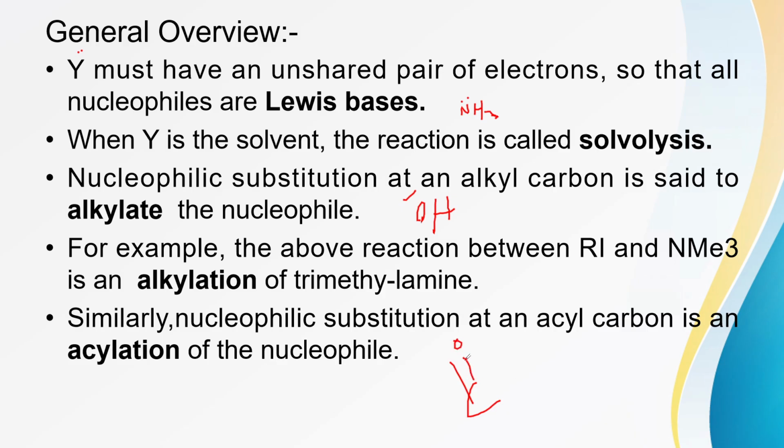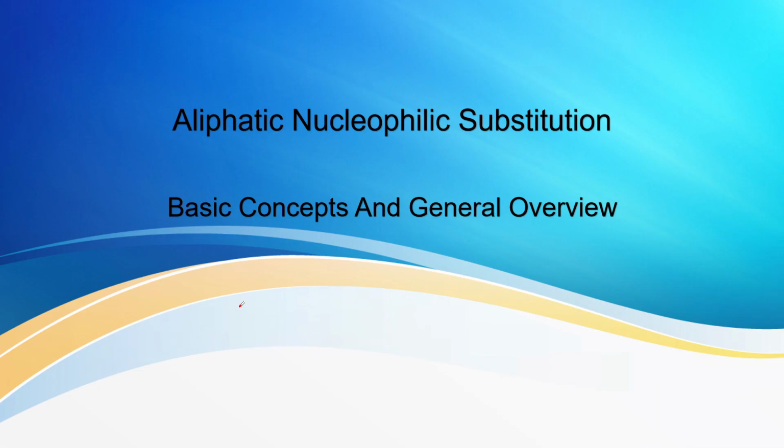So if a carbon double bond oxygen group is attached to our nucleophile, then it is known as acylation. In general, if an alkyl group gets attached to the nucleophile, it is known as alkylation of the nucleophile, and if an acyl group gets attached to the nucleophile, it is known as acylation of the nucleophile. That is all about the basic concept and general overview of aliphatic nucleophilic substitution reactions.